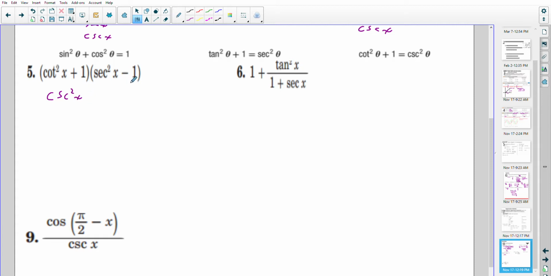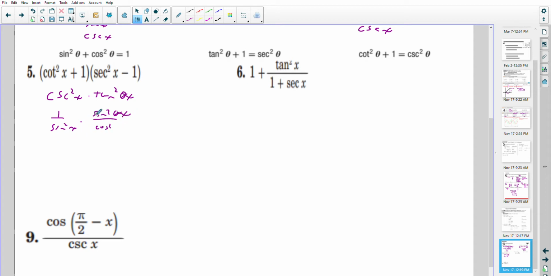And the secant squared minus 1 is equal to the tangent of theta, quantity squared. So at this point, I'm going to break these down so I can see what I'm looking at. 1 over the sine squared x times sine squared x over cosine squared x. Whoops. I'm dealing with x's here, not thetas.